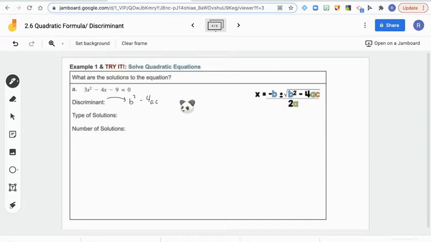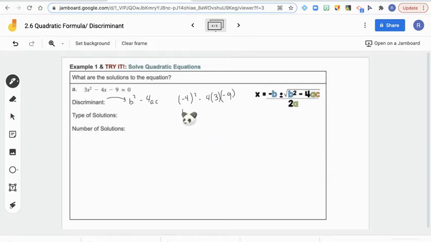So our discriminant here is going to be negative 4 squared minus 4 times 3 times a negative 9.